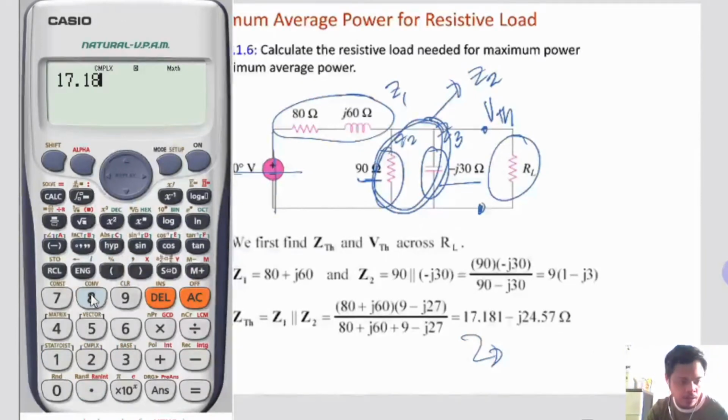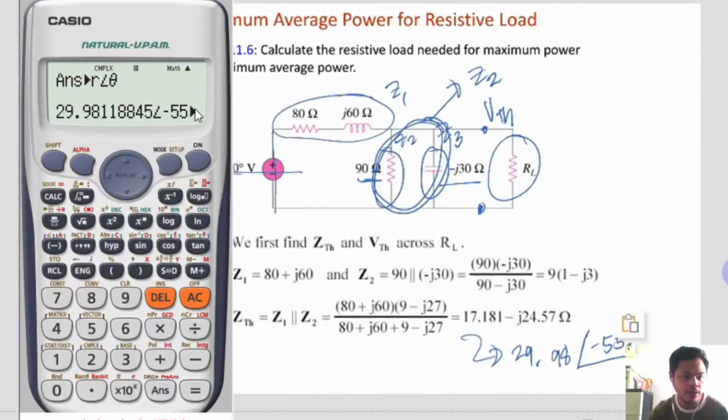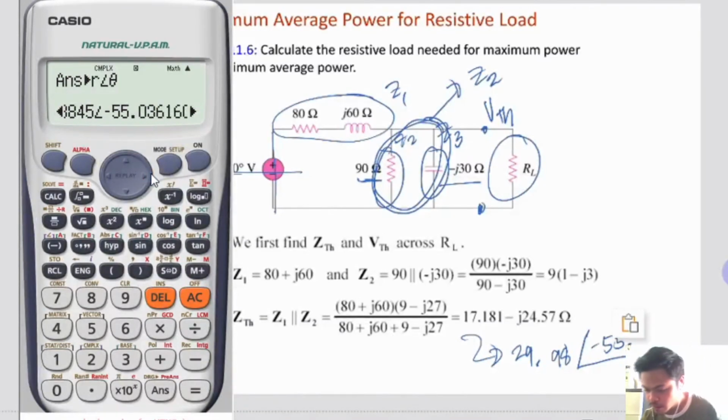17.181 plus or minus 24.57j. This is equivalent to, if we convert that into polar form, 29.98 angle 55.4 degrees.